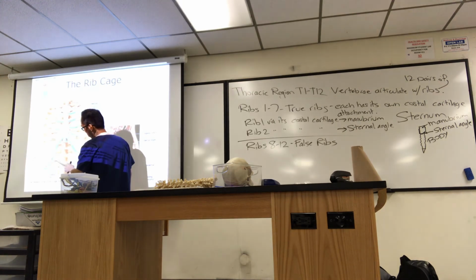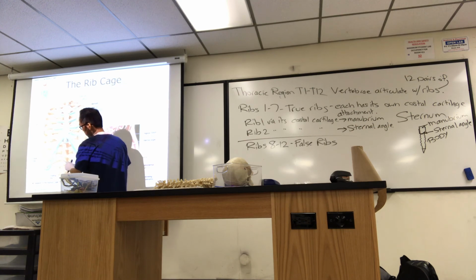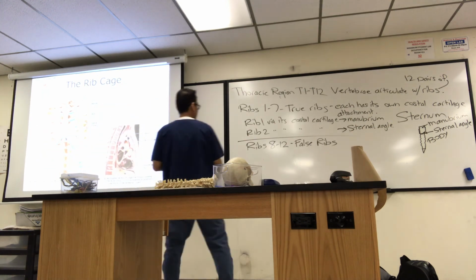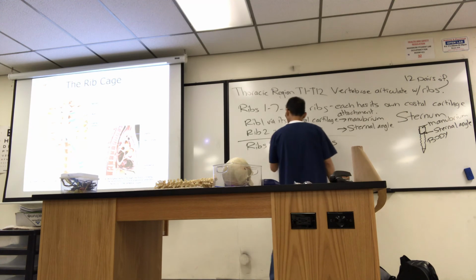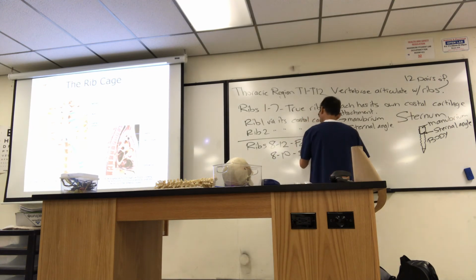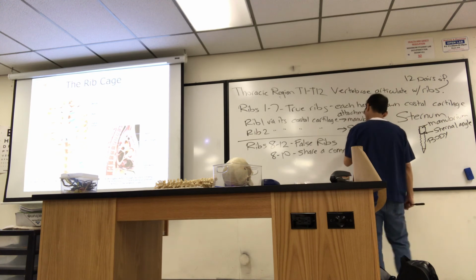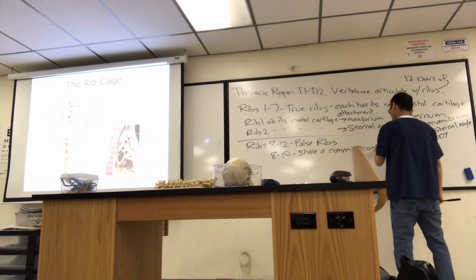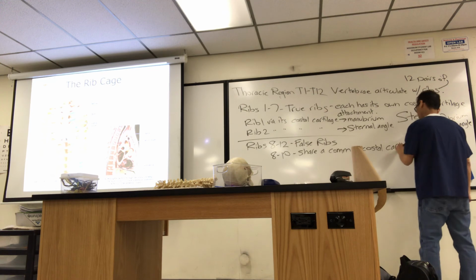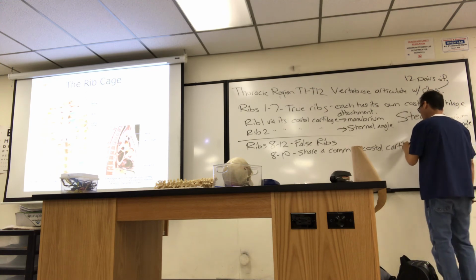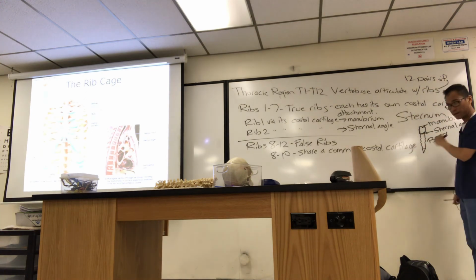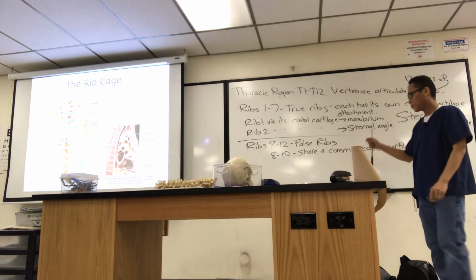They share a common costal cartilage. Ribs 8 through 10 share a common costal cartilage. This cartilage is hyaline cartilage, by the way. And costal always means rib.